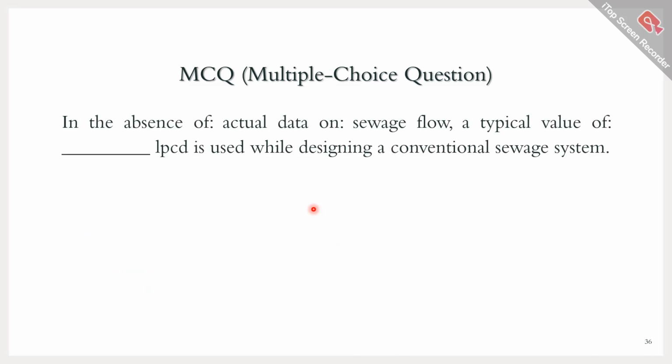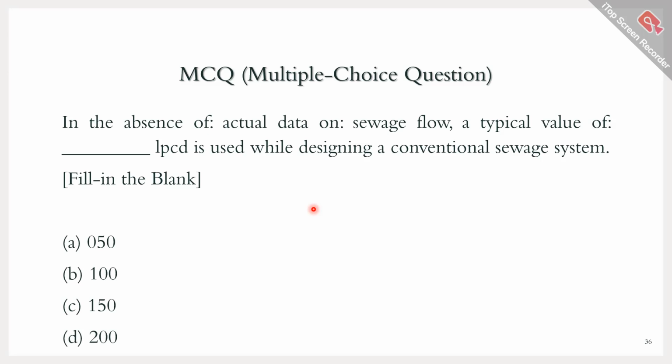Now we will move on to our next MCQ, multiple choice question. In the absence of actual data on sewage flow, a typical value of dash LPCD is used when designing a conventional sewage system. You have to fill in the blank. LPCD means liter per capita per day. Option A is 50, option B 100, option C 150, option D 200.